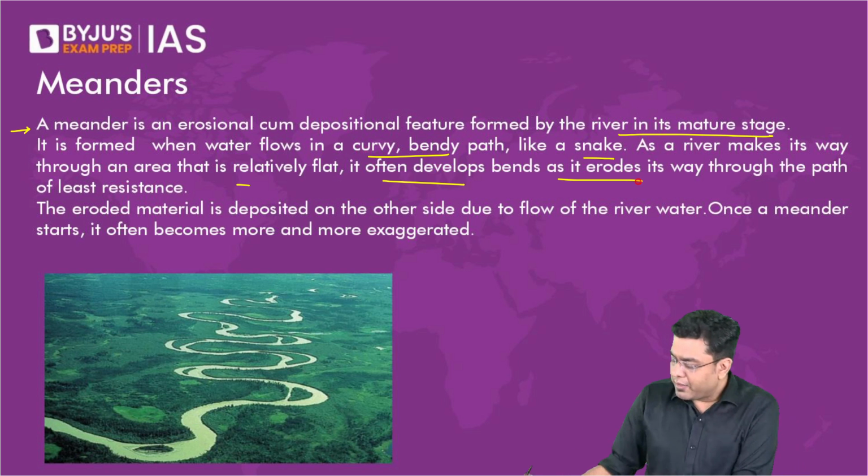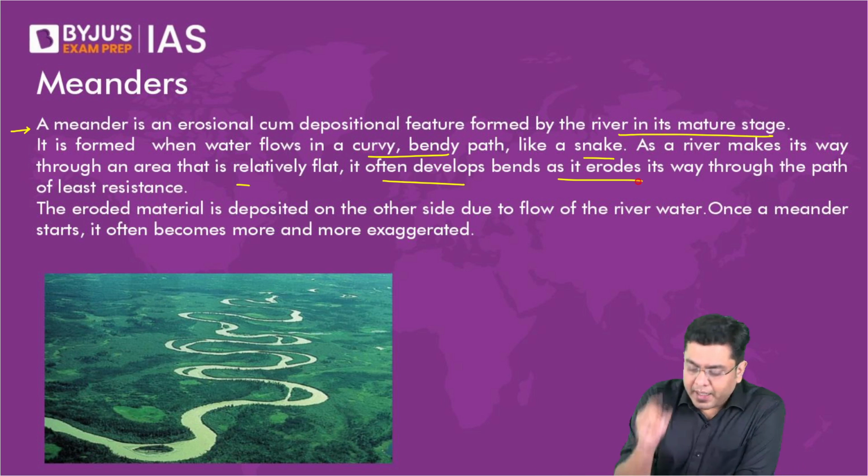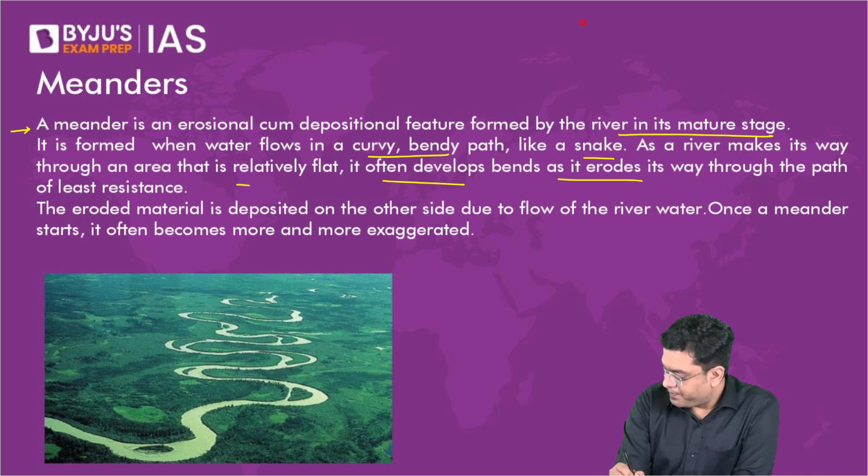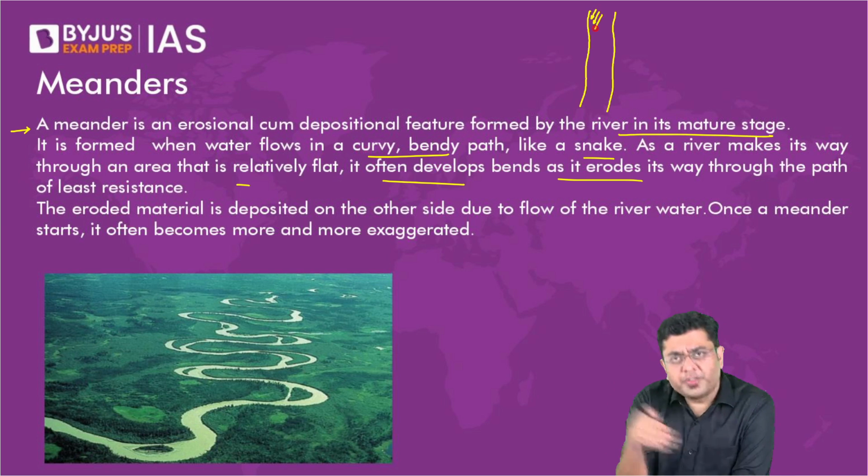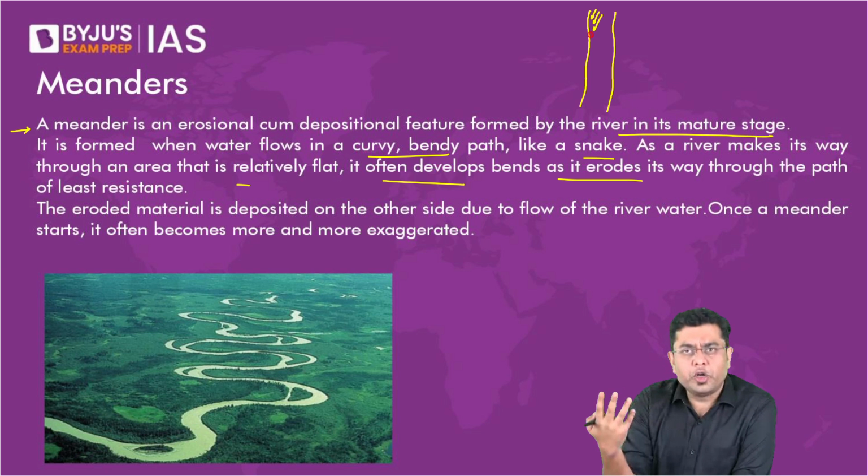So here, when we talk about it, understand this. Let's suppose the river is flowing like this. Overall, you will observe that the river is trying to find a slope. It is flowing at a very slow pace. You will observe that there is a slow movement on the sides of the river.